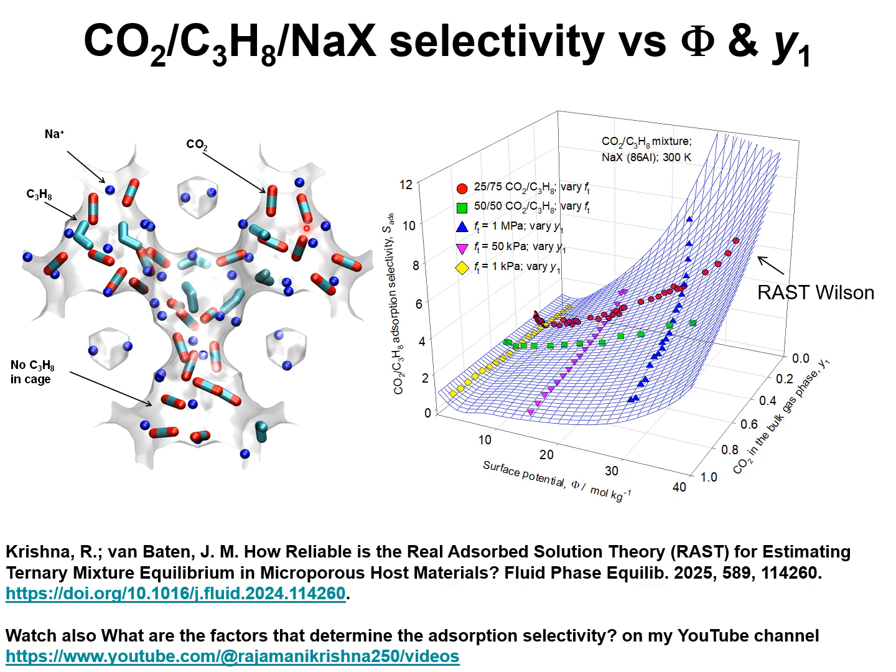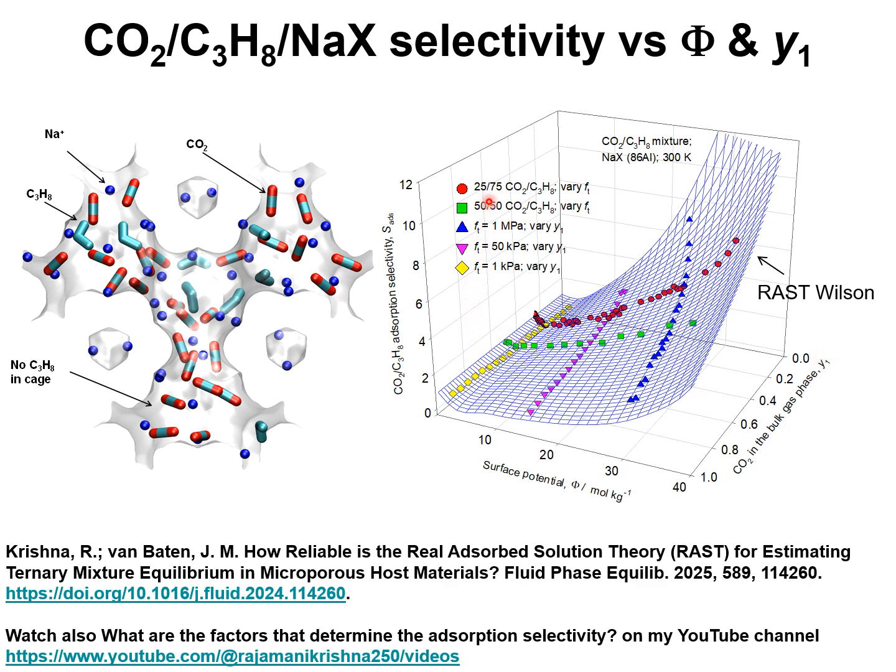And due to congregation around the cations, there is an inhomogeneous distribution of gas adsorbates, CO2 and propane in this case, within the pore landscape of NaX zeolite. The adsorption selectivity of CO2 with respect to propane is plotted as a function of the surface potential and mole fraction of CO2 in the bulk gas phase mixture.